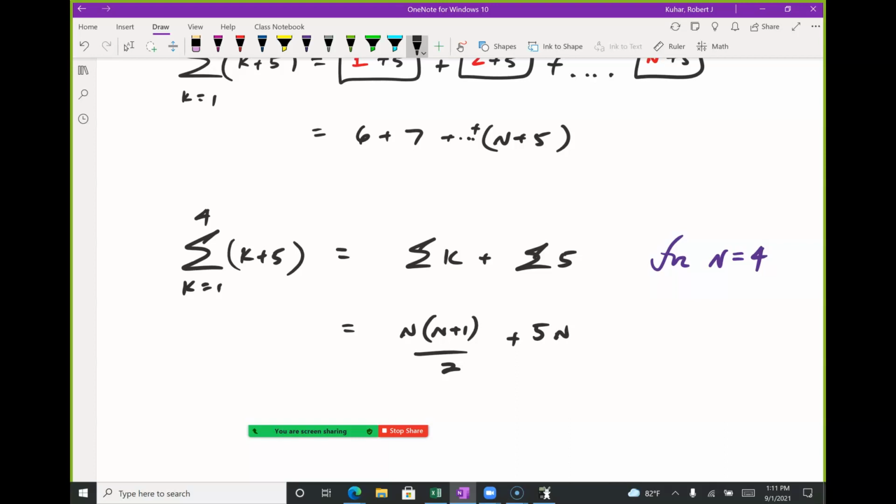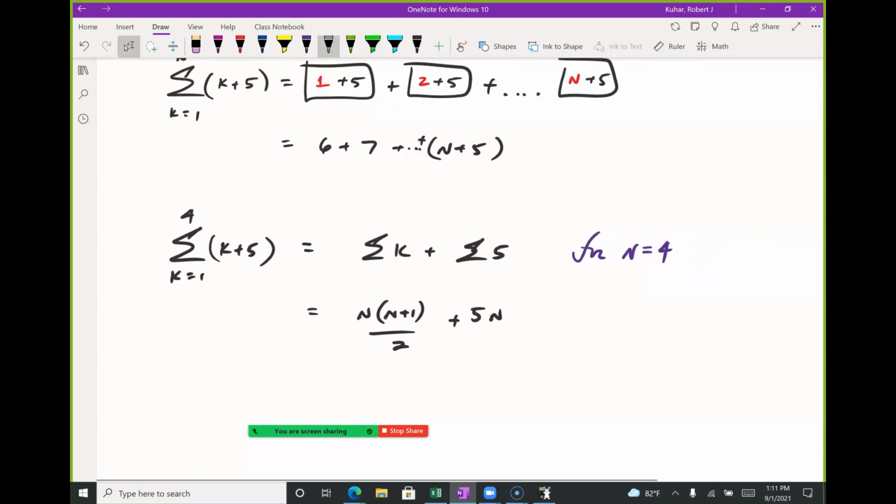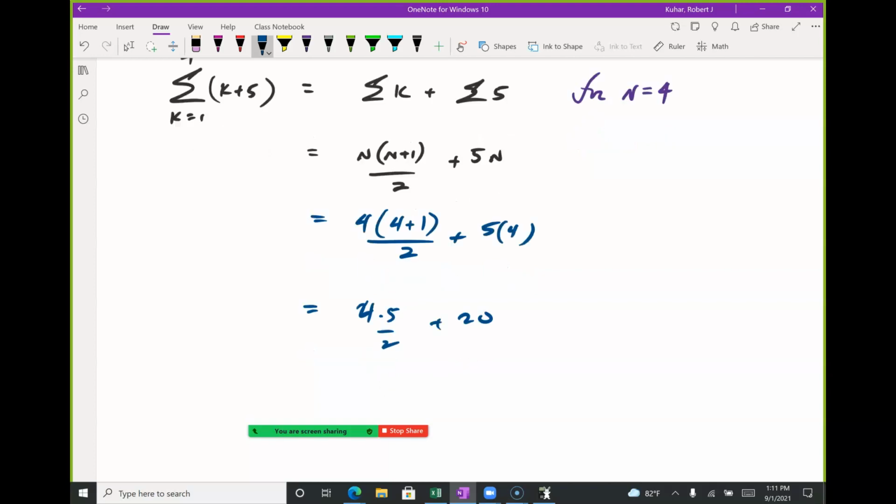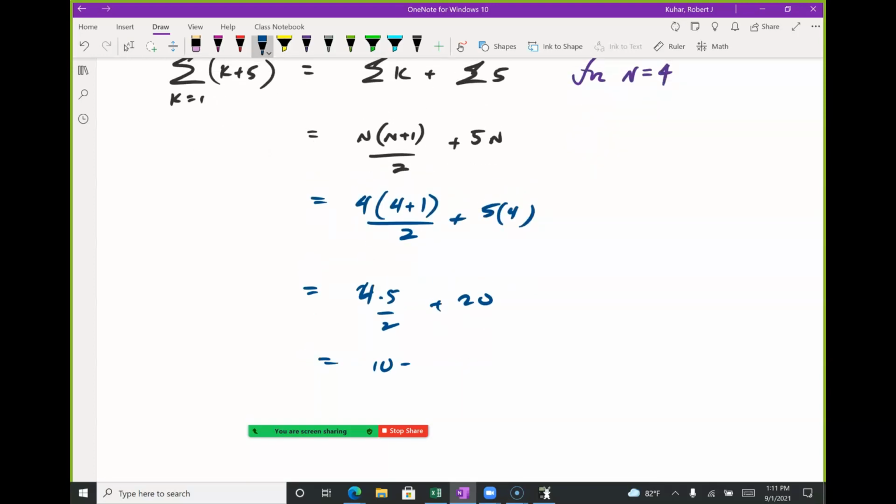And I'm going to plug in the 4. So what do I get? I get 4 times 4 plus 1 all over 2 plus 5 times 4. So what do I get? 4 times 5 over 2 plus 20. I get 10 plus 20, I get 30, right?